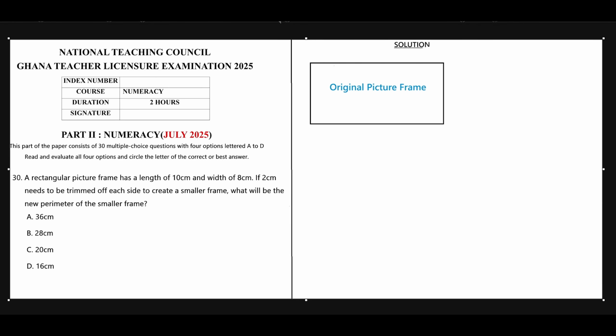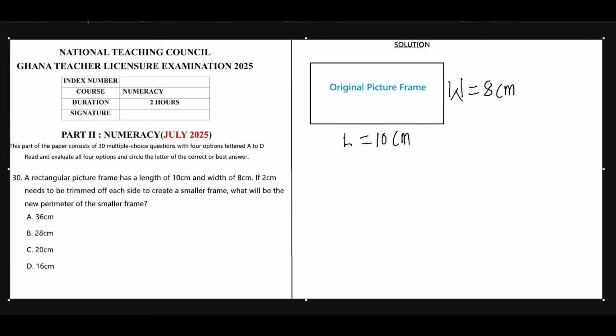We were given the dimensions. Now the length was given as 10 centimeters and the width was given as 8 centimeters. Now we want to trim off 2 centimeters from each side of the original picture frame.